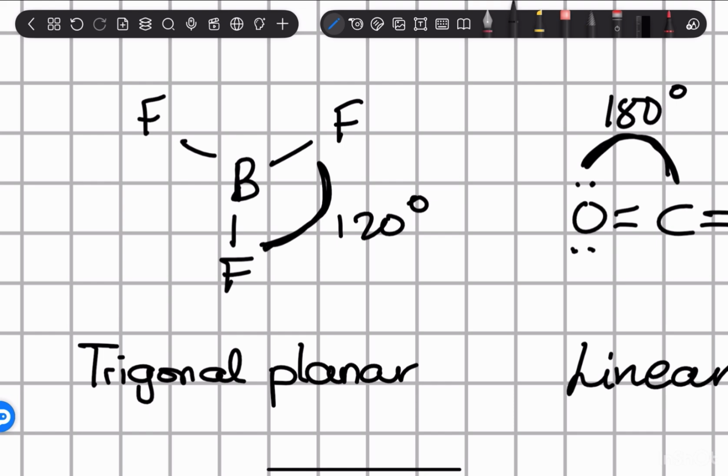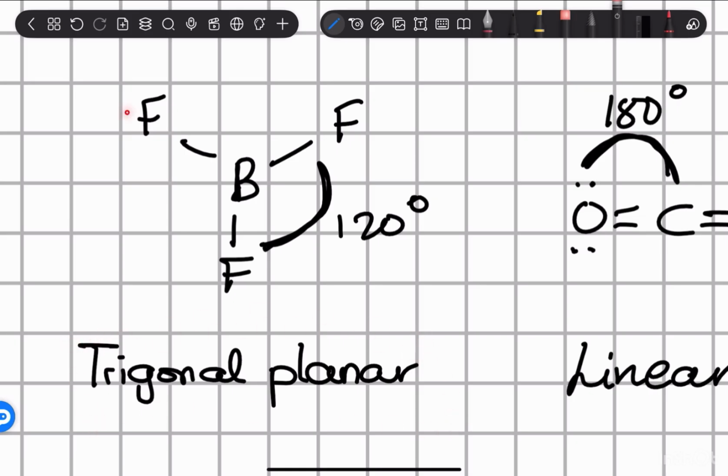Boron forms 3 bonds with 3 fluorine atoms, and these 3 bonds, now this is similar to an sp2 situation. So an sp2 hybridized molecule such as this one would have 120 degrees bond angle between, sorry, between any 2 of the fluorine atoms. And we recognize this shape as being trigonal planar.